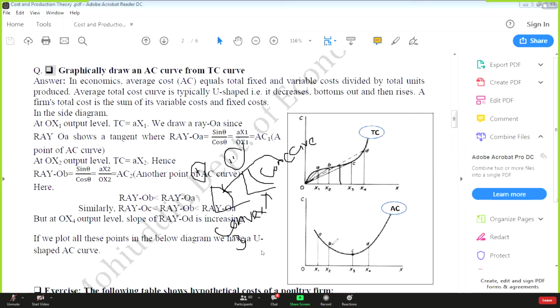But up to this point, from B to C, actually we have a minimum point. For example, when you draw the diagram of U, there is a minimum point, isn't it? So from first point to minimum point, if you go directly, then there will be a little bit of complication. For that reason, another point has been taken here.